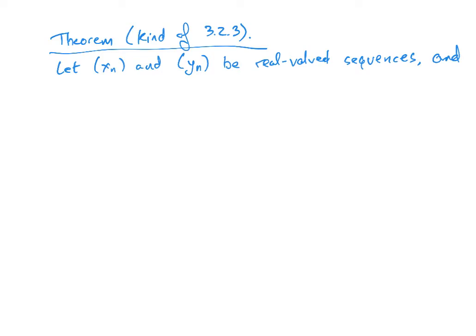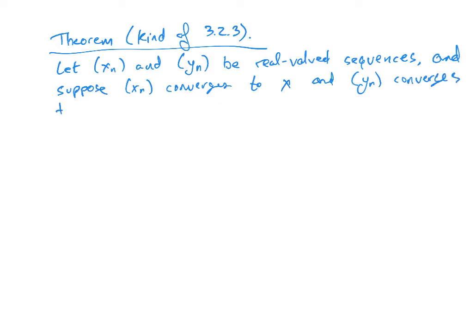And I'm going to suppose they both converge. So I'm going to suppose that x_n converges to x and y_n converges to y. Then, and now I'm going to tell you the limits of a bunch of related sequences.